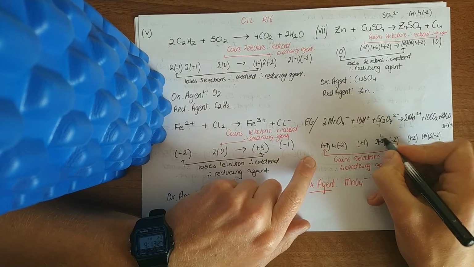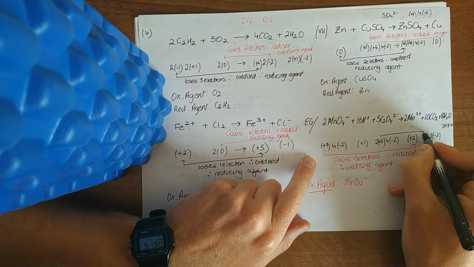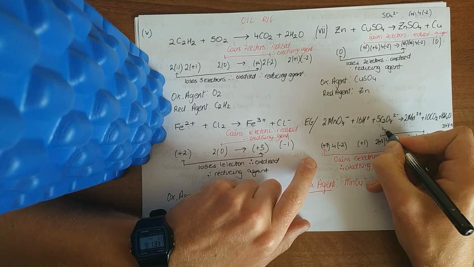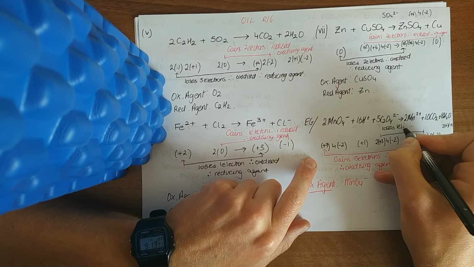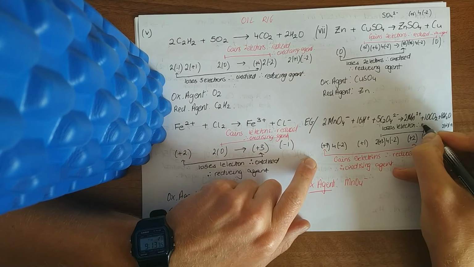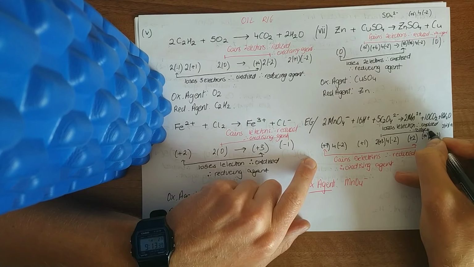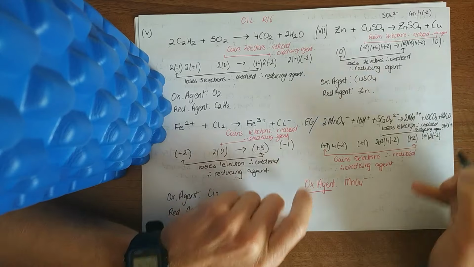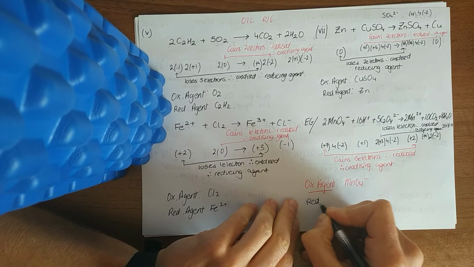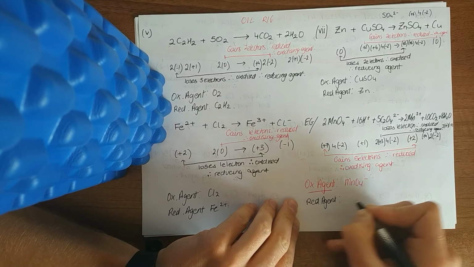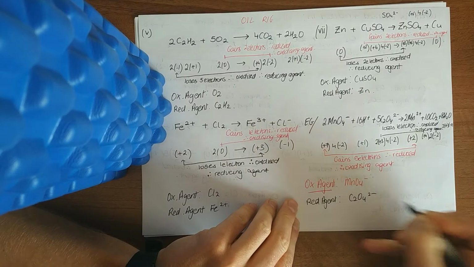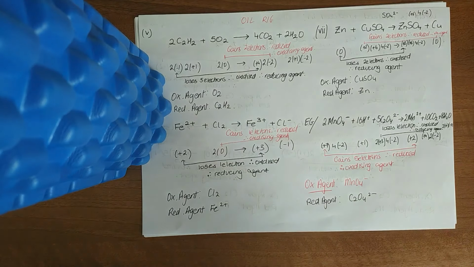And my C has gone from plus 3 to plus 4. Lovely. Loses 1 electron. Therefore oxidized, therefore reducing agent. So it is a redox reaction. So my reducing agent is C2O42 minus. Any questions on that? Let me know.